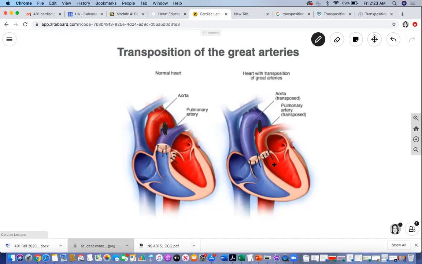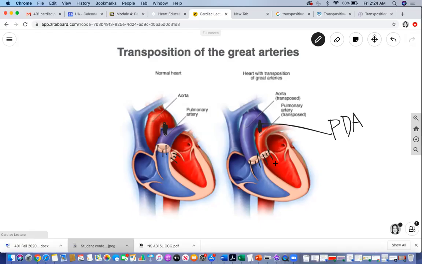So you might ask yourself, how is it that this baby is alive if they are not able to pick up and drop off oxygenated and deoxygenated blood where it needs to go? So remember that nice structure that we talked about called the PDA? So the reason that this baby is blue or cyanotic is because you have complete mixing of the blood at this level.